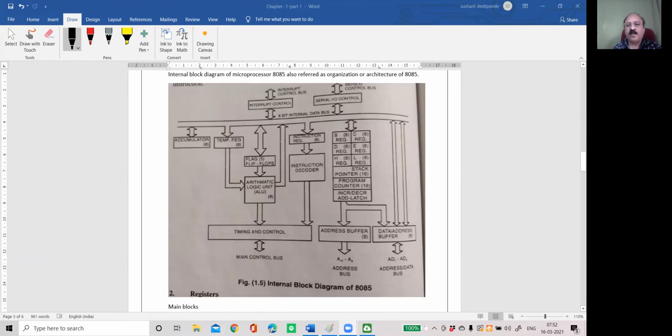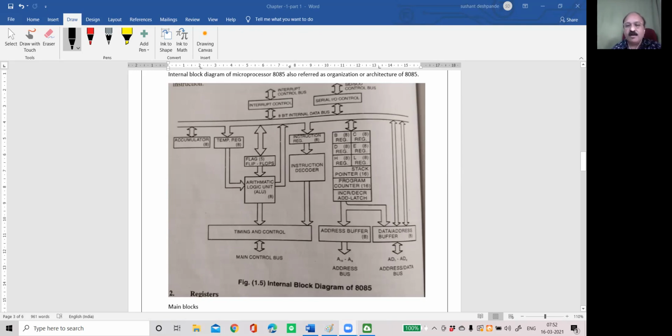See how. First of all, what is required to execute a program? Where the program will be stored? In a memory. So when we say we want something from the memory, first of all, microprocessor must understand the address of that memory location. So where that address will be stored, there must be something in microprocessor which stores the address of memory location from where the execution of instruction should be started.